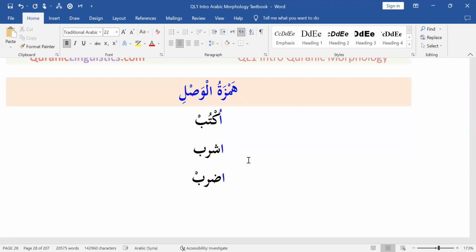We're only going to focus on anta, the fi'l amr for anta, because the others have the same idea as far as Hamzatul Wasl is concerned. Hamzatul Wasl is a hamza that's not written, not pronounced, not heard unless you begin the word with it.